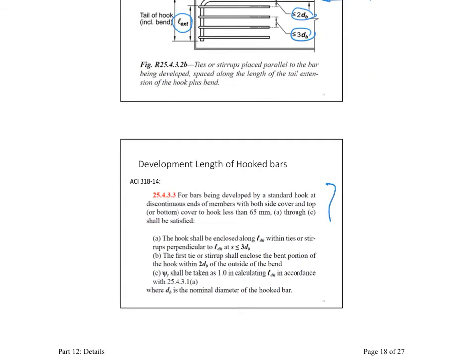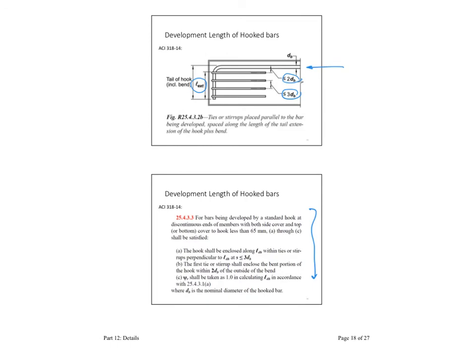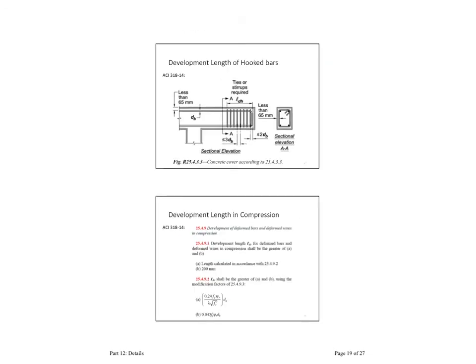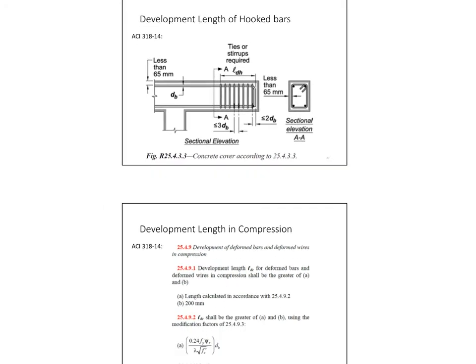These are the provisions that talk about the development length of hook bars. And here is for the edge of a cantilever. You also need to provide some confinement to make sure that your confining psi is the higher value.